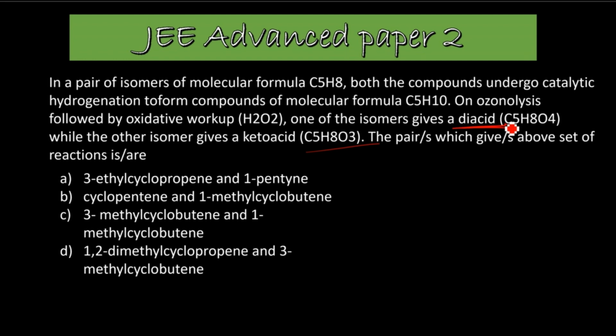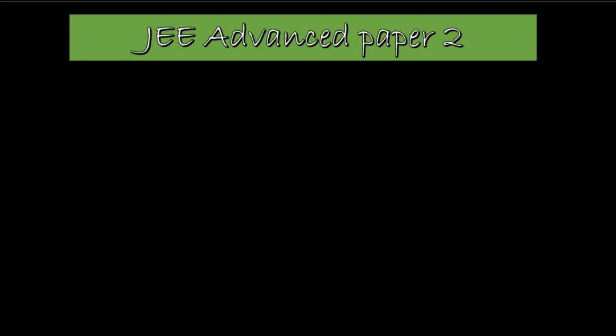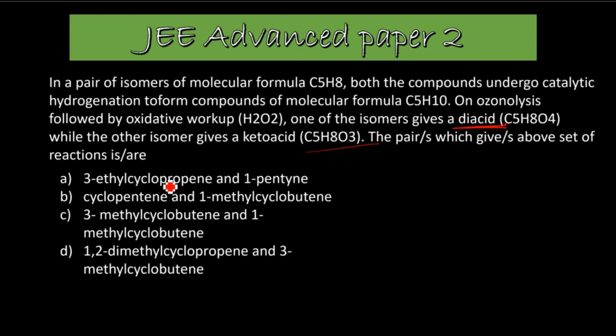Okay, so let's draw the structure of these compounds. 3-ethyl cyclopropene. So cyclopropene, and 1, 2, 3 I am having ethyl, right? And then 1-pentene, 1, 2, 3, 4, 5.